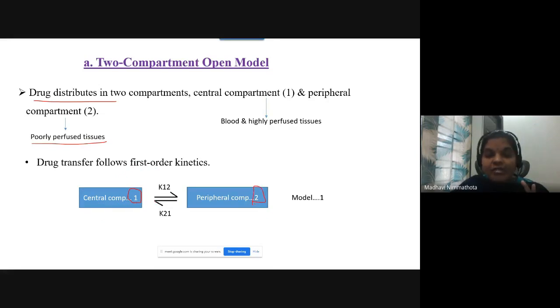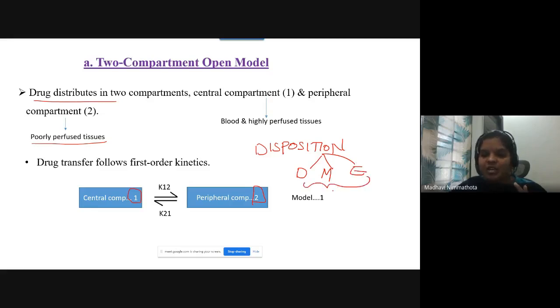The drug disposition phenomena: which mechanisms are involved in these disposition processes? We have distribution, metabolism and excretion. All these three together are called disposition processes. So the drug disposition happens between the central and the peripheral through these rate constants, right? Here the drug is distributed from compartment 1 to 2.